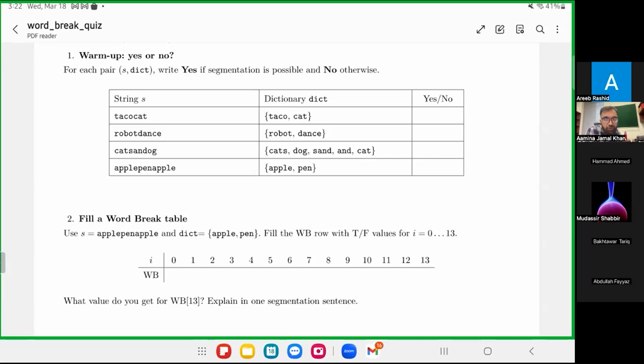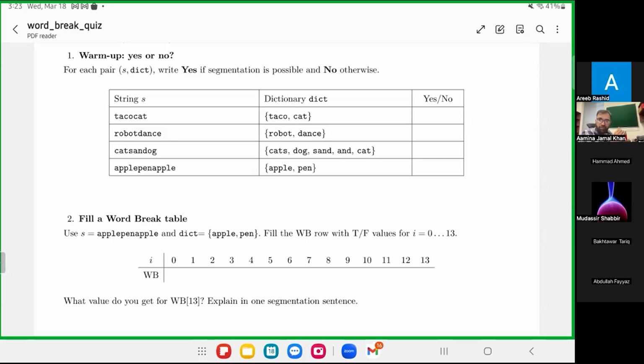Okay, right. Yeah, I think Omar is on mark here. So WB of 0 means everything below index 0. So WB of 0 represents the answer to an empty string.